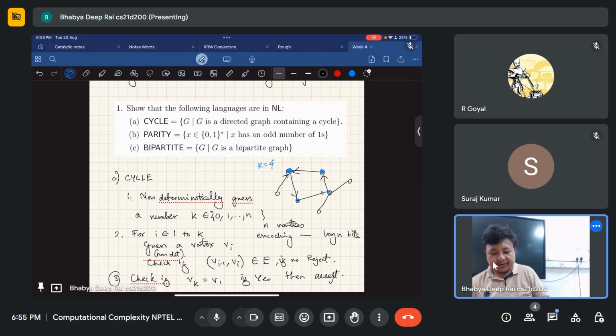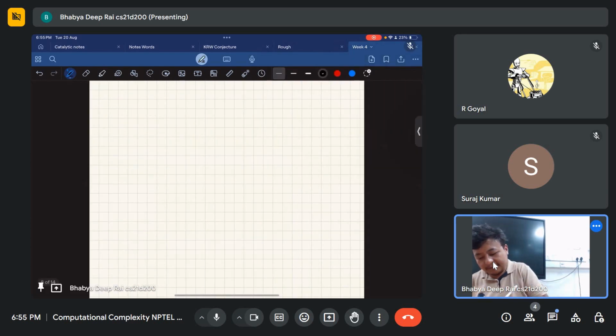Okay, so my computation tree will be something like this. Here I guessed v1, here I guessed v2. Here I guessed something else, and here I guessed v2. Here I guessed v3, and so on.